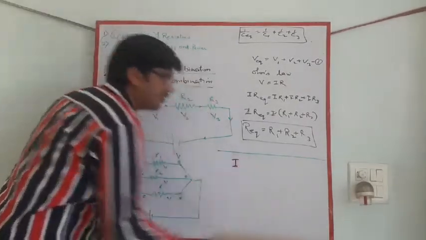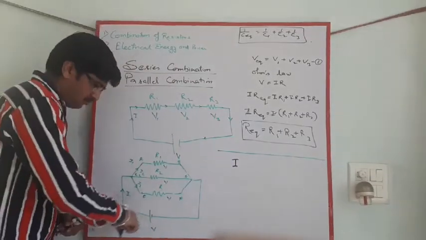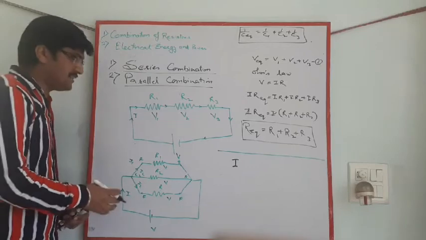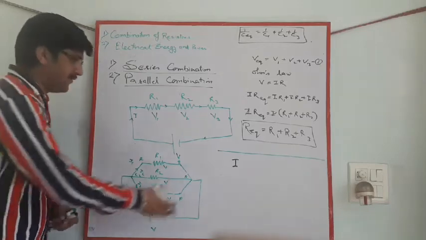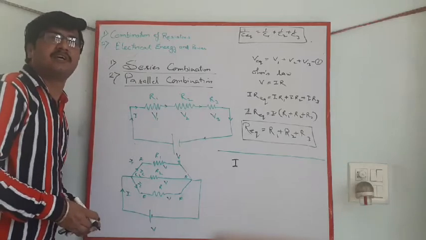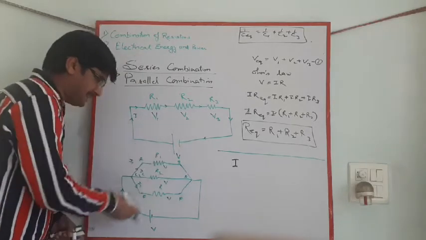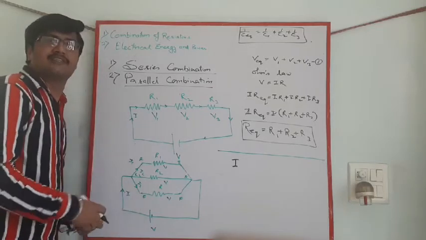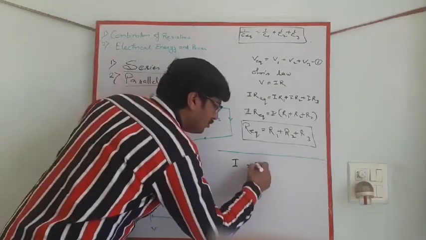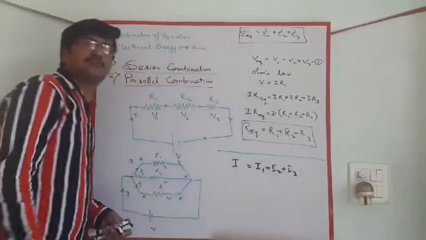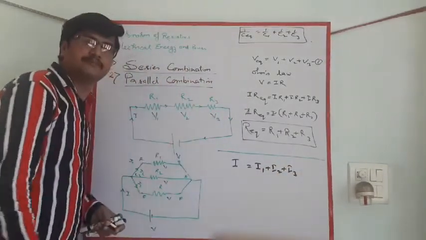If I is the total current coming through the cell to the network, so I is the equivalent current, the net current experienced by the whole network of resistances, that means the equivalent resistance experiences I current. The I current flowing through the equivalent resistance is equal to I1 plus I2 plus I3, the sum of all three.